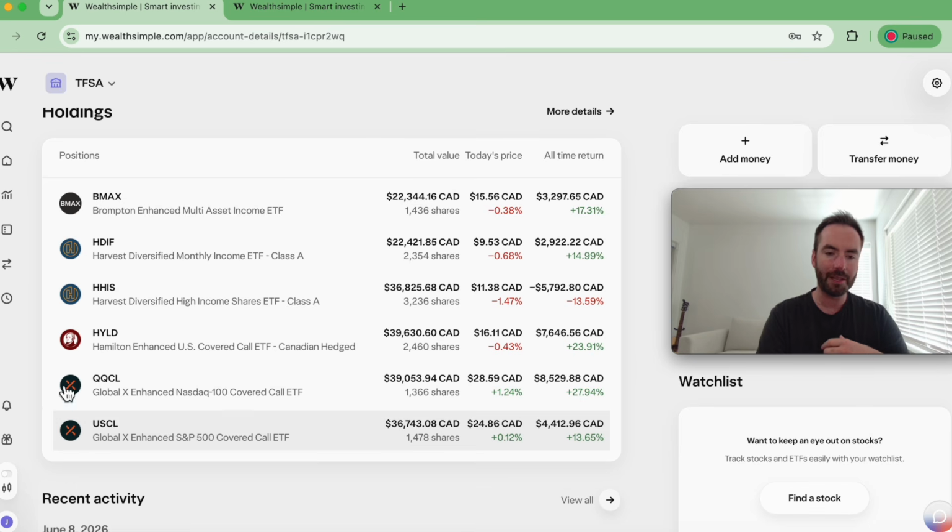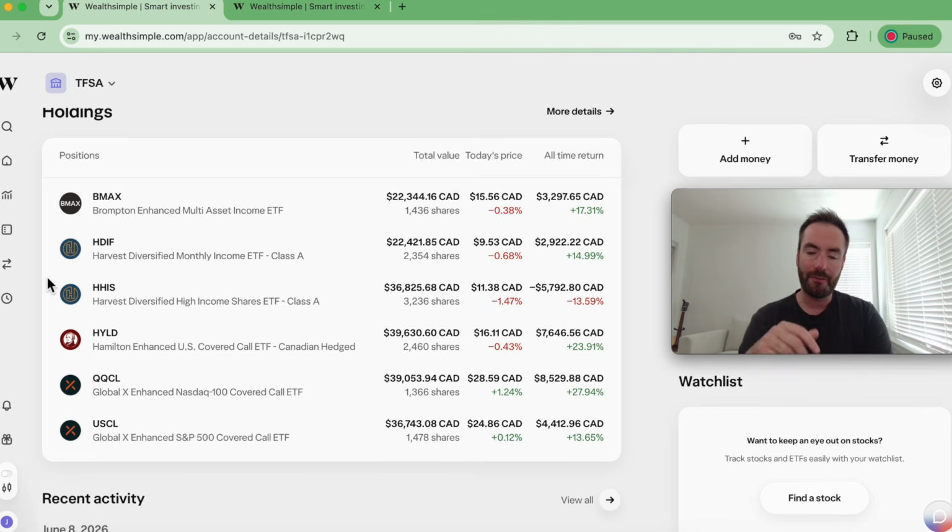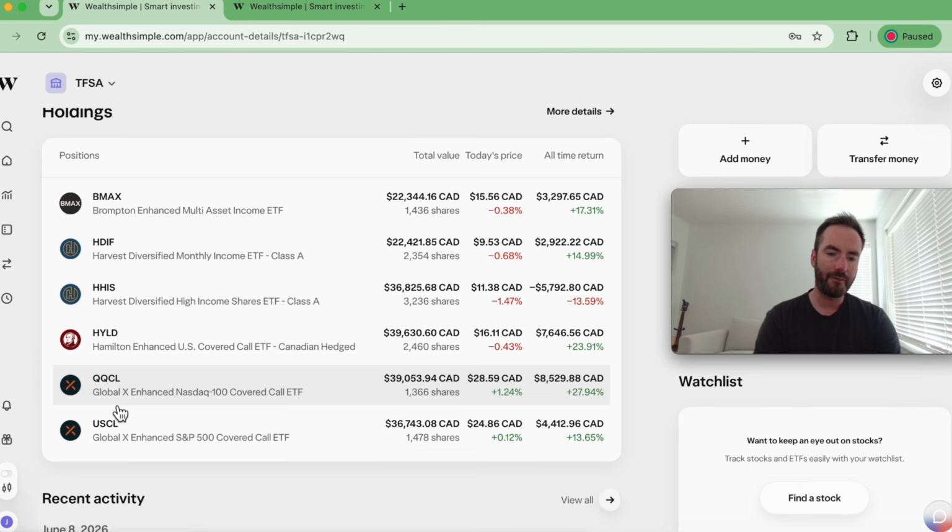These funds are often referred to as the flagship funds of each of the fund managers that have put them out. Brompton BMAX for sure is a flagship fund. HYLD for sure is a flagship fund. HDIV and HHIS for sure. QQCL, USCL for Global X, definitely flagship funds for each fund manager out there. So you get the theme.